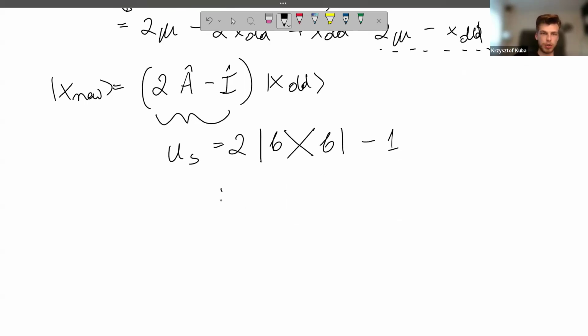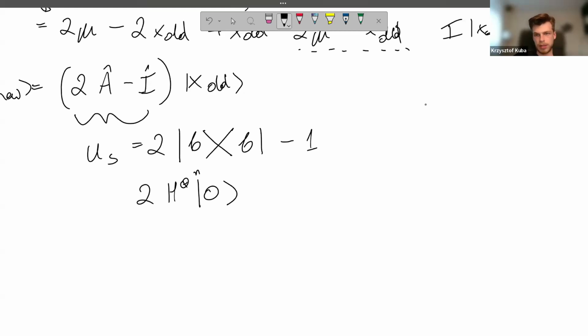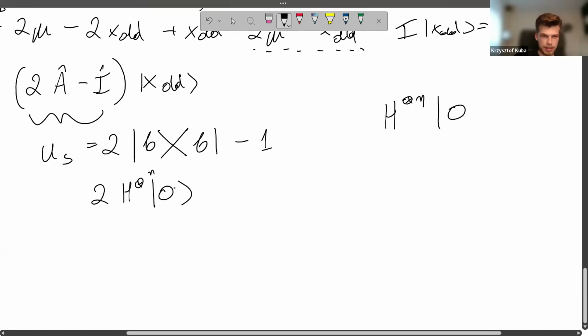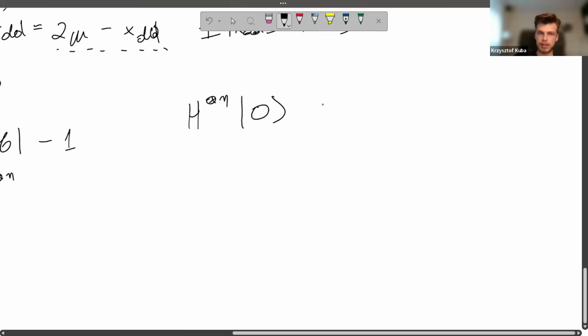This is just 2 and a Hadamard gate applied to state 0. This B vector was a superposition of all the states, so this is a Hadamard gate applied n times to all those qubits.